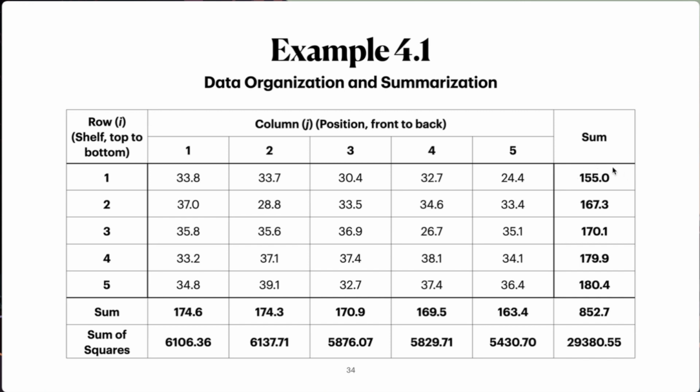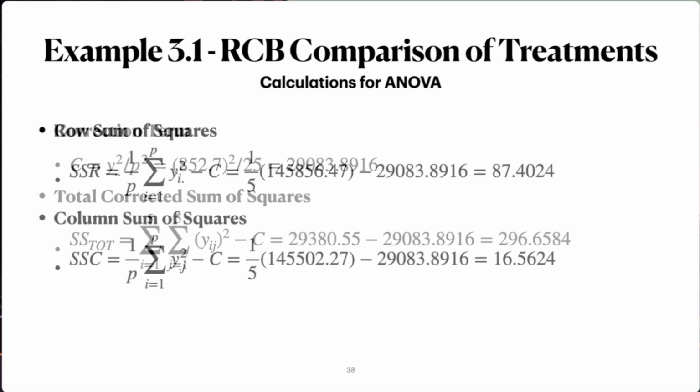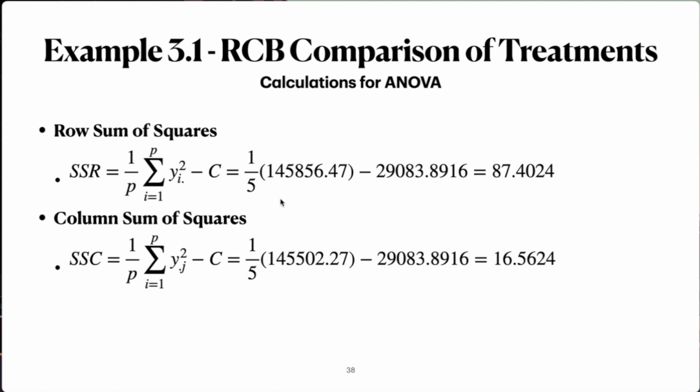We need to square each of these row totals and add those squared values up. Then we divide by P, in this case 5, and from that we subtract the correction term C. When we do that, the sum of squares due to the row blocking factor is 87.4024.